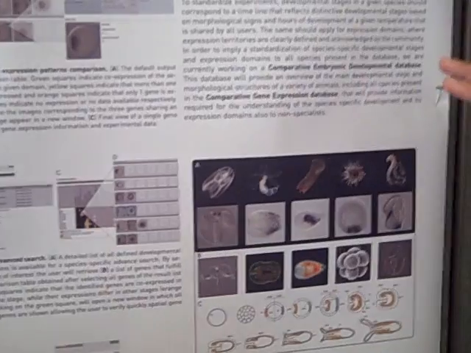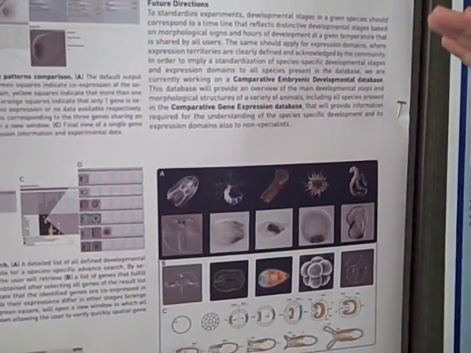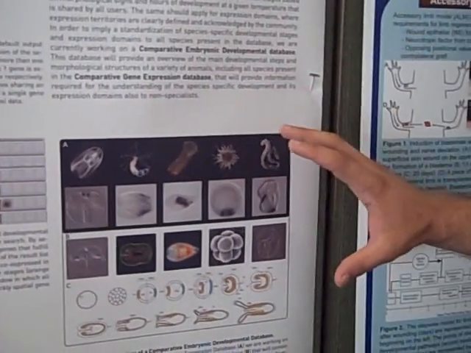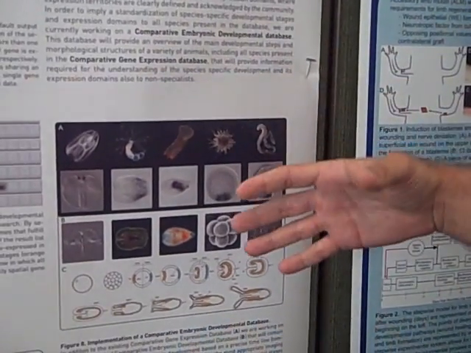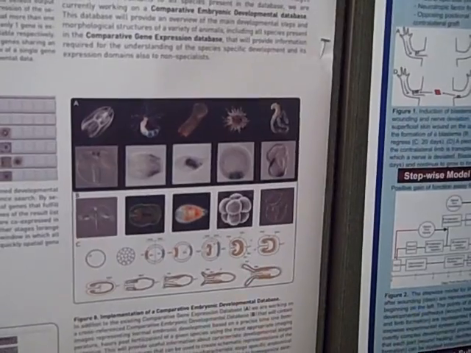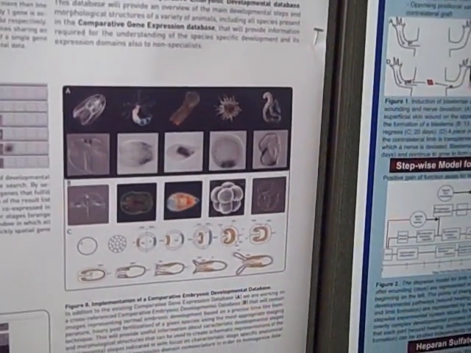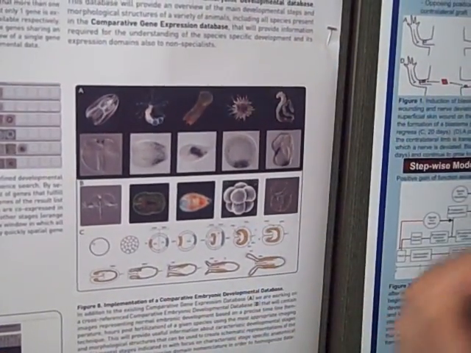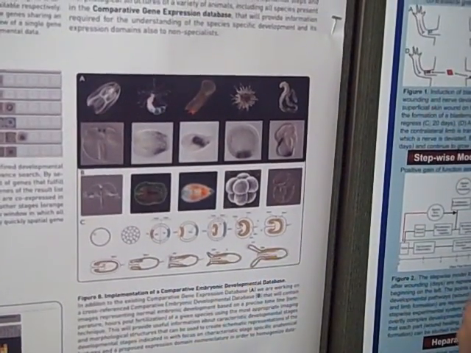Finally, this is the status of the database right now. We are trying to implement an embryological developmental database that explains in more detail the individual developmental stages and expression domains of those species, and we hope this is a tool that will help to understand those expression patterns and the developmental biology of different animals.